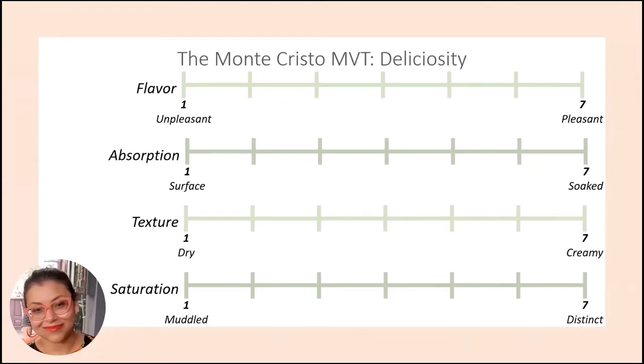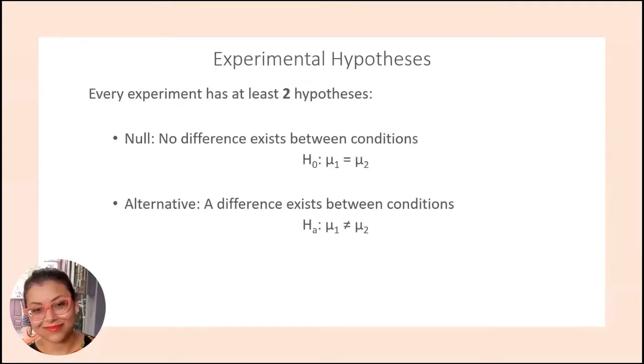All right, so I've identified my independent variables, defined my dependent variable, what's left to do? That's right, state my hypothesis, or rather, my hypotheses. So every experiment has at least two hypotheses: the null, which states that there's no difference between the conditions, and the alternative, which states that there is a difference between the conditions.